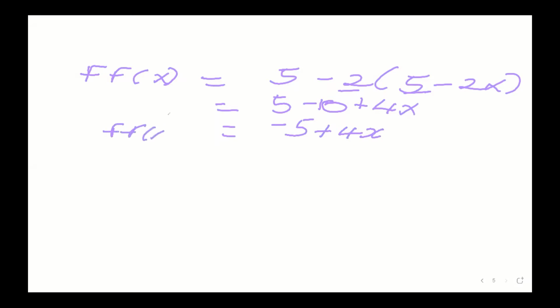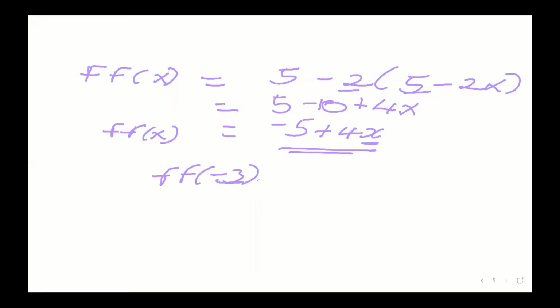But remember, this is just f circling f of x. We have to find f circling f of -3. Therefore, you just have to substitute where you see the x. Remember, you've already found f circling f of x. Therefore, you just replace the x here with the -3.